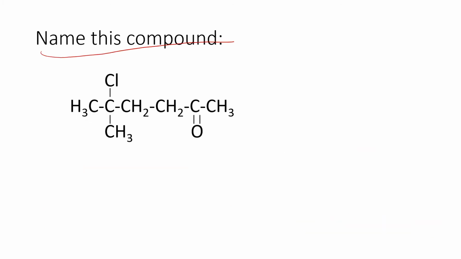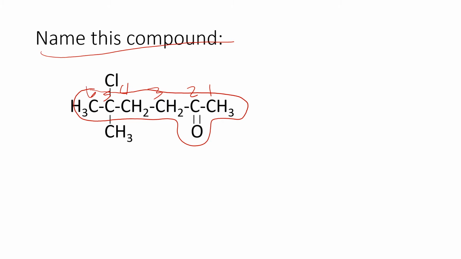Name this compound. So first thing, we find the longest chain of carbon that includes our functional group, which we can see is a ketone. So my longest chain of carbons goes straight across, and if we count from right to left, we can see that we have a total of 6 carbons.